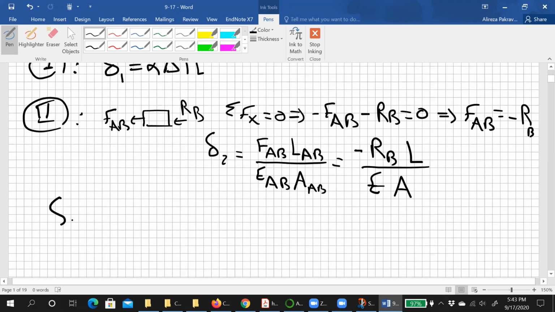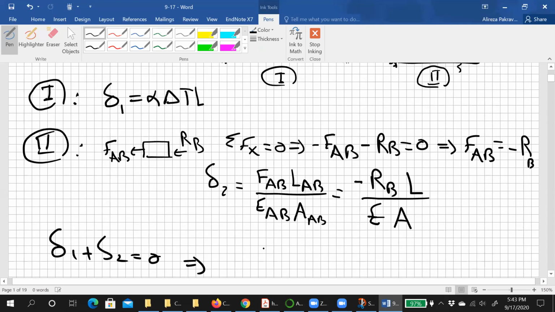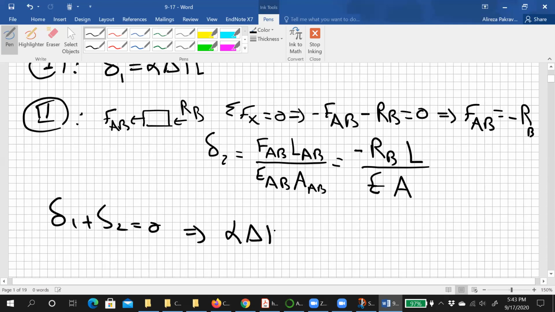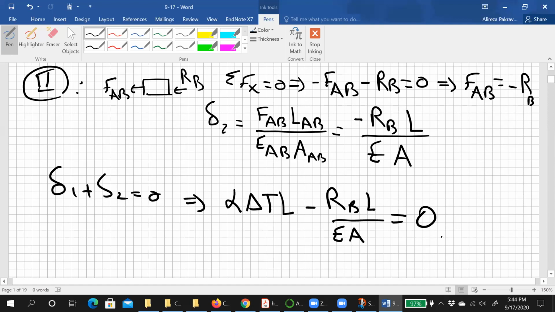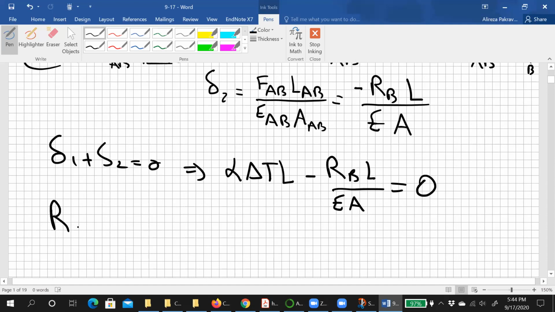So delta 1 plus delta 2 is equal to 0. Delta 1 is alpha delta T L minus RB L over EA equal to 0. So we can find the reaction RB. RB would be alpha delta T A E, right?